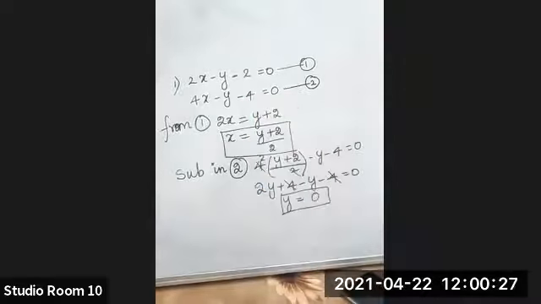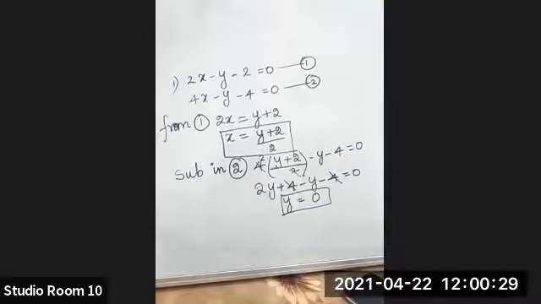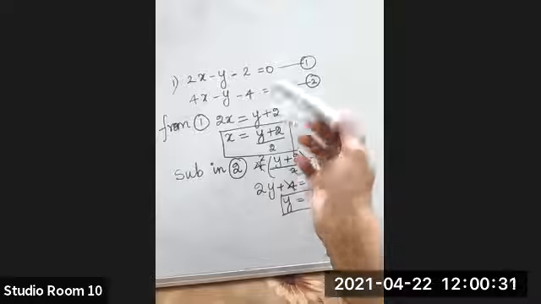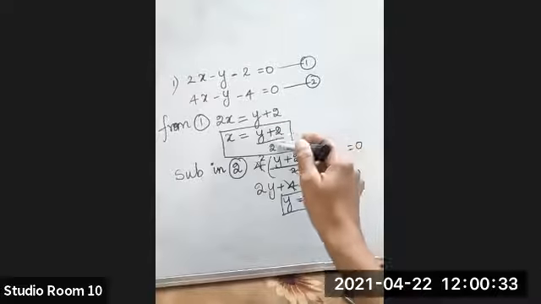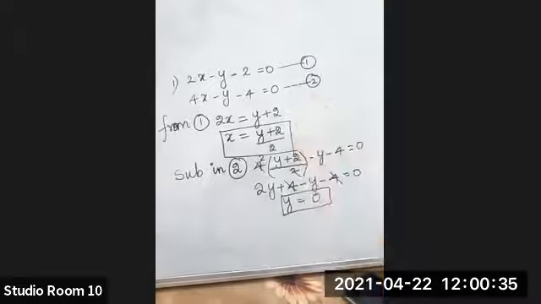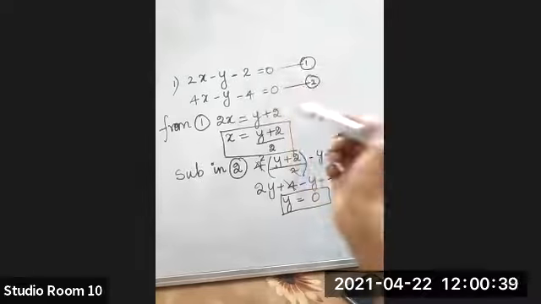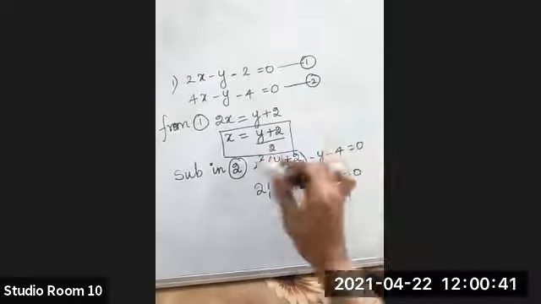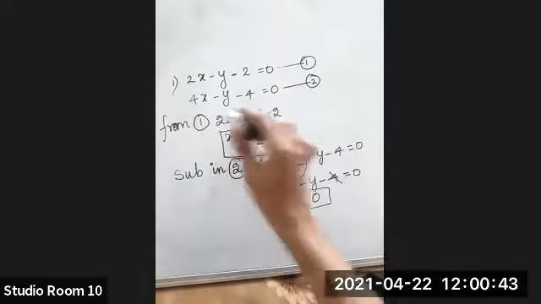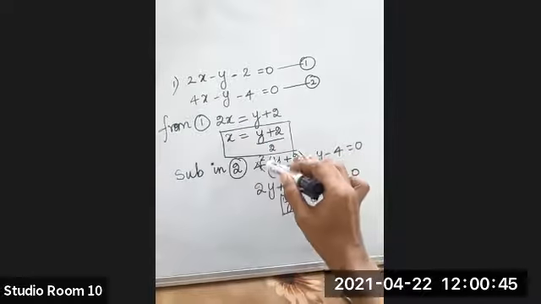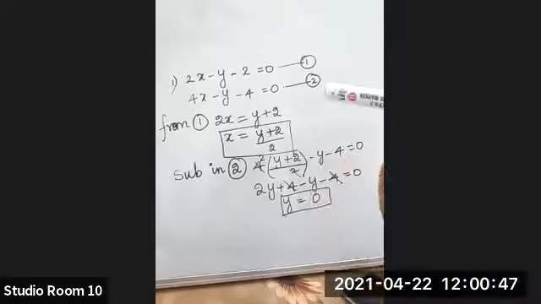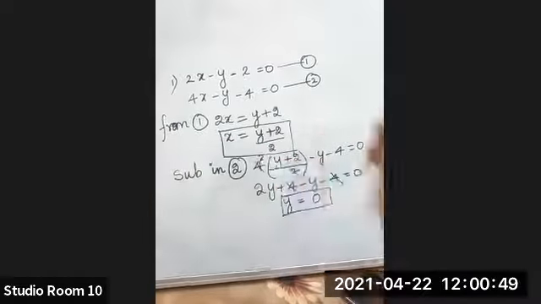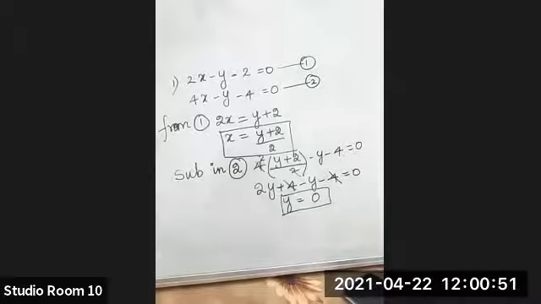Once we find x in terms of y, we substitute this in the second equation. In the second equation, in the place of x, we can substitute y plus 2 by 2. So 4 into y plus 2 by 2 minus y minus 4 is 0.